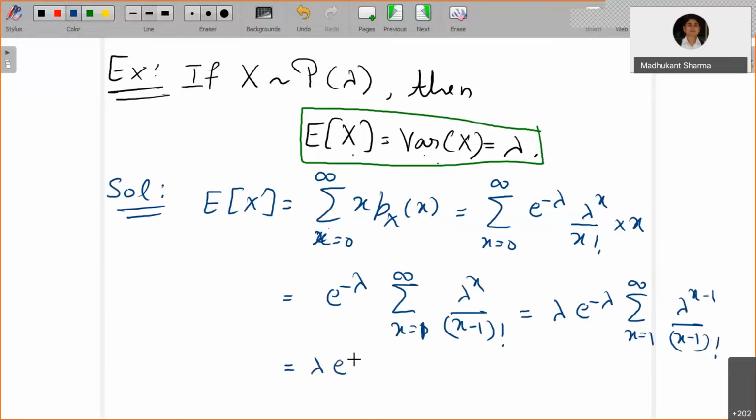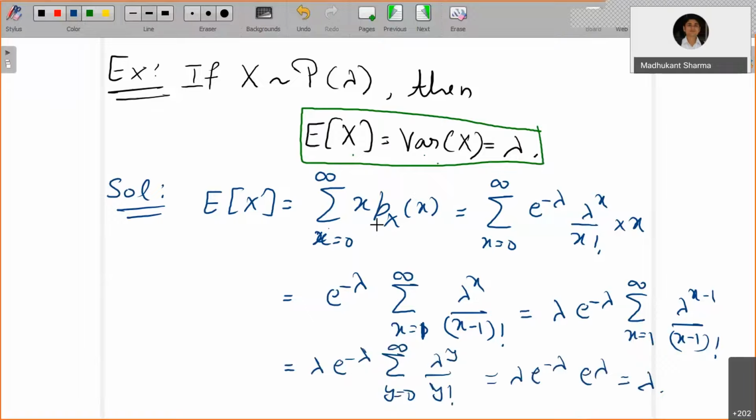That's going to be lambda times e to the power minus lambda times the summation, I can write y equals 0 to infinity, of lambda to the power y by y factorial. You can replace x minus 1 by y. That is nothing but e power lambda. So that's going to be lambda times e to the power minus lambda times e power lambda. That's going to be lambda. So the mean is lambda.